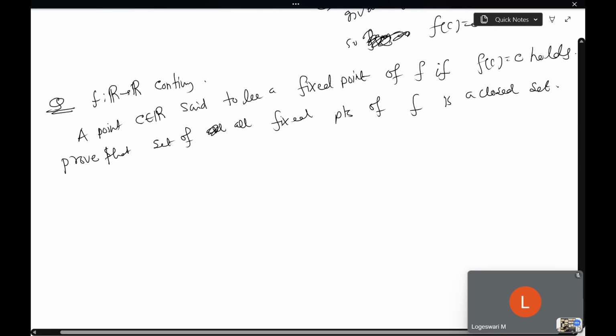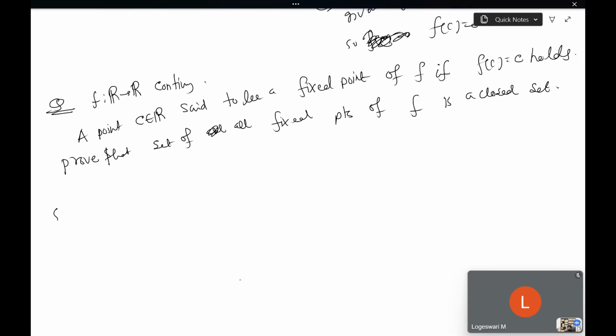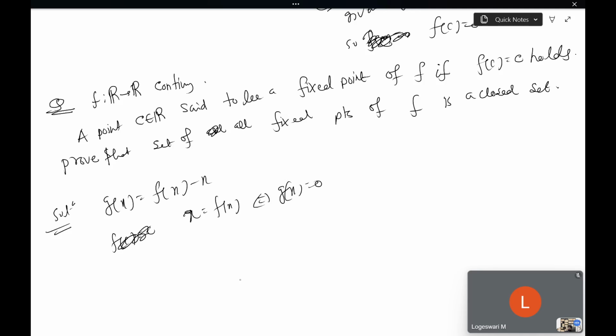So, alright. This problem can be solved by defining a new function like this: g(x) equal to f(x) minus x. So x equal to f(x) if and only if g(x) equal to 0. So this implies what?